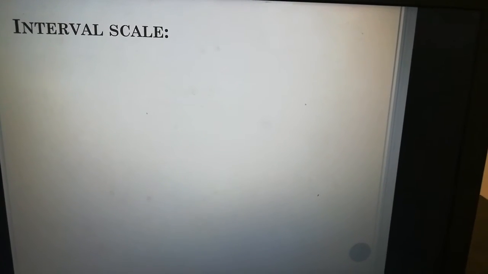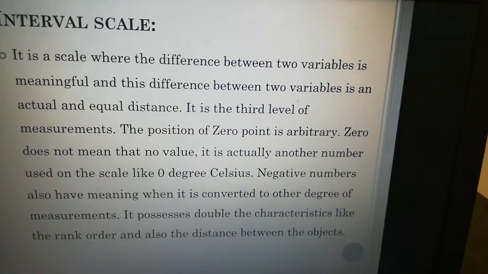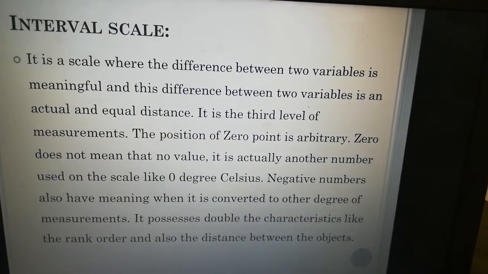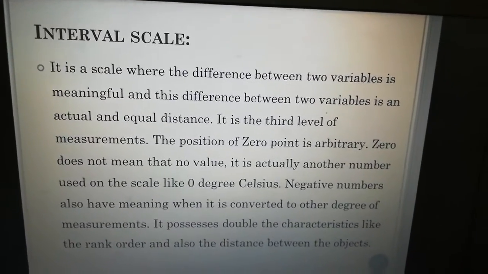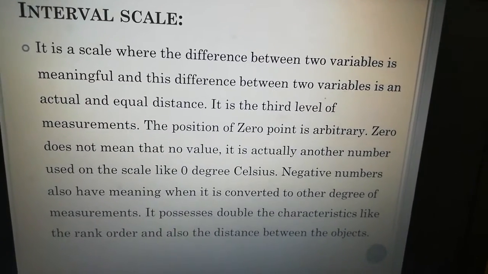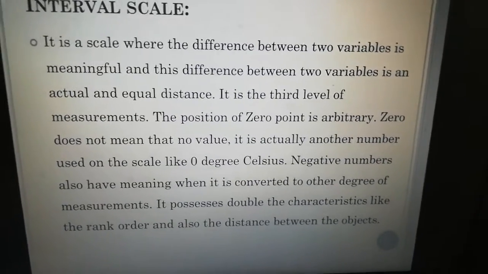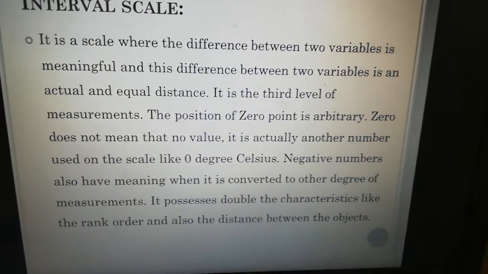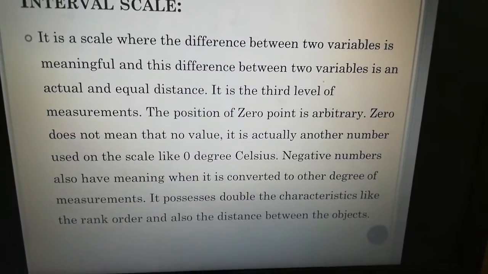Next level is the interval scale. It is the scale where the difference between two variables is meaningful, and this difference between two variables is an actual and equal distance. It is the third level of measurement.